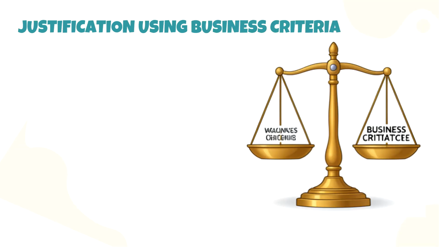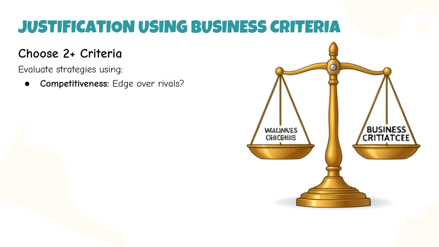After that, you have to justify using the business criteria that we have gone through. You have to choose 2 business criteria and evaluate the strategies using business criteria. Our business criteria is made up of competitiveness, which is what does the business have that its competitors don't have?